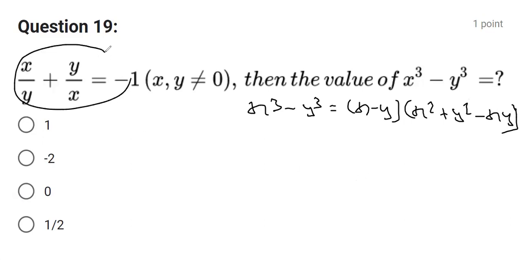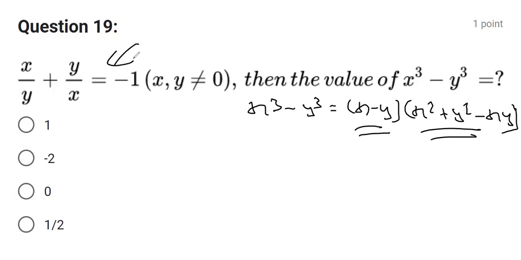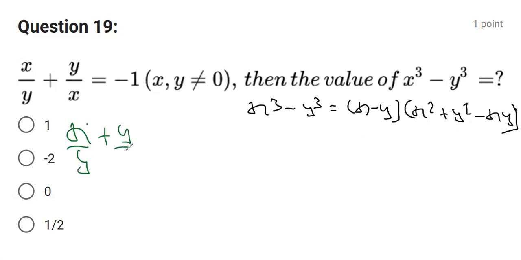Now we are given this. In order to find the value, we should get this by solving the given expression. So let's check. If I solve this, this is x over y plus y over x is equal to minus 1.